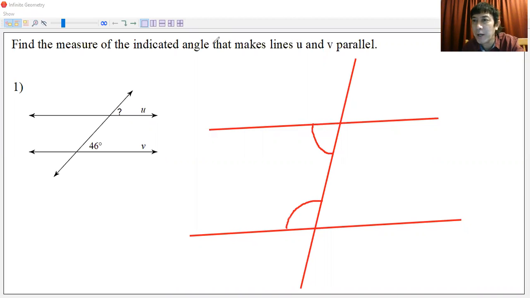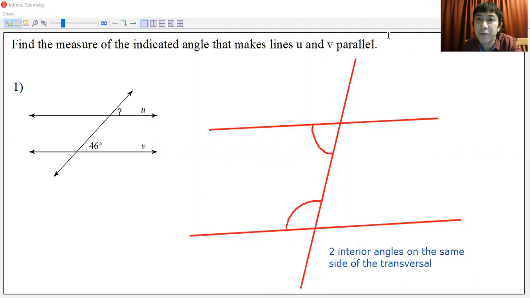These are two interior angles on the same side of the transversal. Two interior angles on the same side of the transversal. So that's it for the configurations that we're going to use.